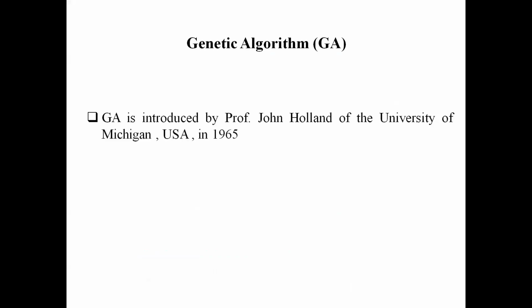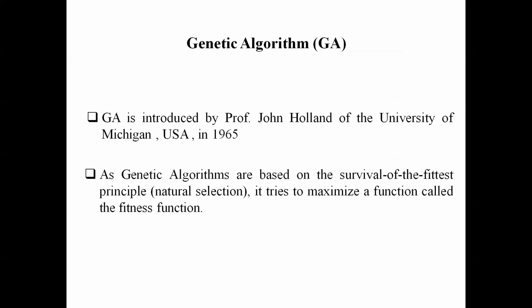Genetic algorithm was introduced by Professor John Holland from University of Michigan, and it is based on Darwin's theory of survival of the fittest, that is the natural selection procedure, where it tries to maximize a function.